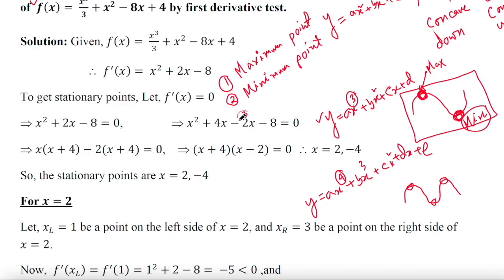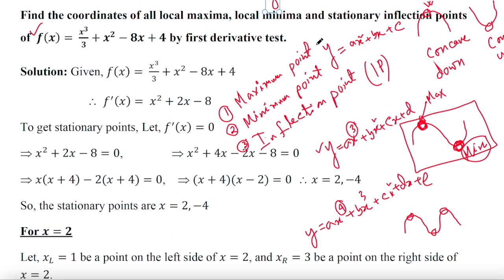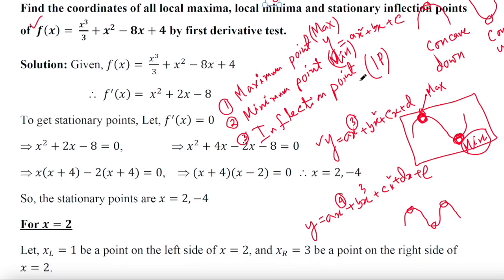Number 3, inflection point, which we denote by IP. Maximum point we can denote by only max, and minimum point by only min.